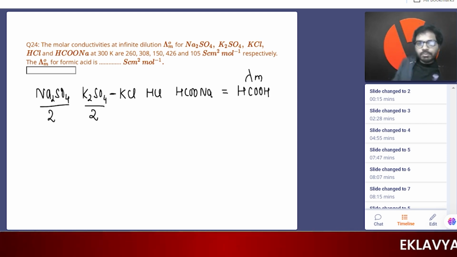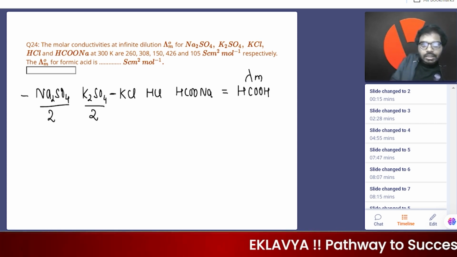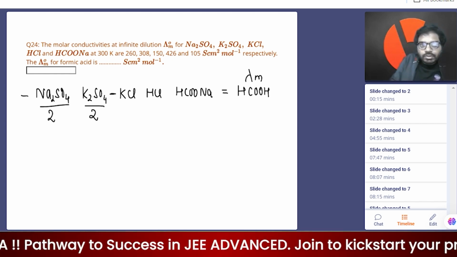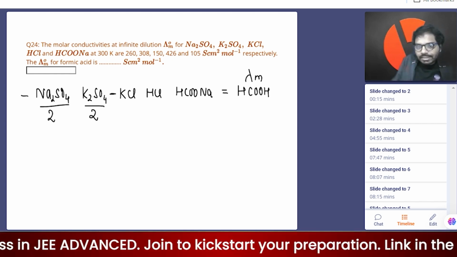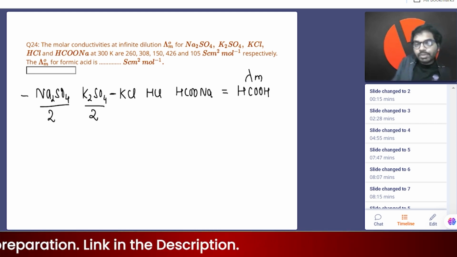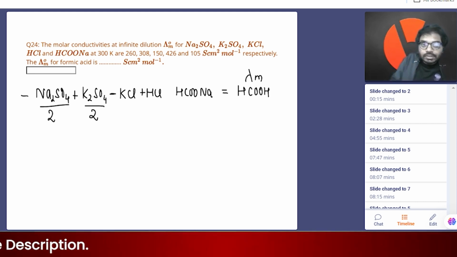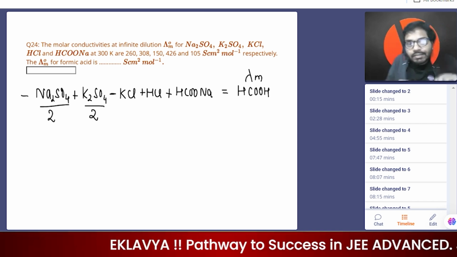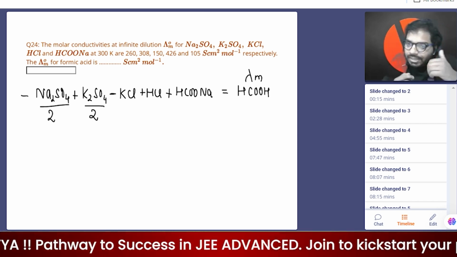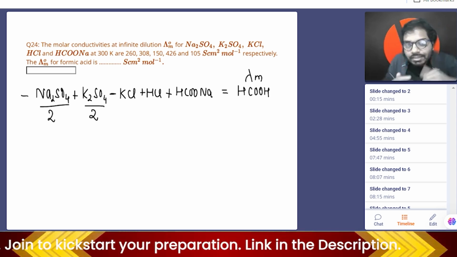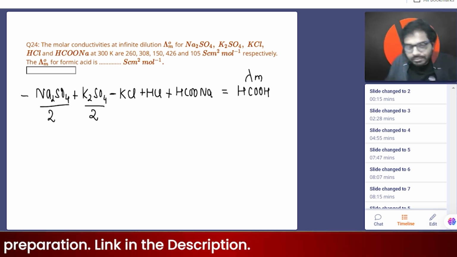Okay, I hope this point is clear. Now if I put a negative sign here again for the Na2SO4, we can see this single sodium gets cancelled with the sodium formate, and this SO4 sulfate will get cancelled with the K2SO4 one. Then I will add a positive sign and then a positive sign, then again a positive sign. So I hope this point is clear that from the given molar conductivity at infinite dilution, we will adjust accordingly so that we can get the molar conductivity of the desired one.